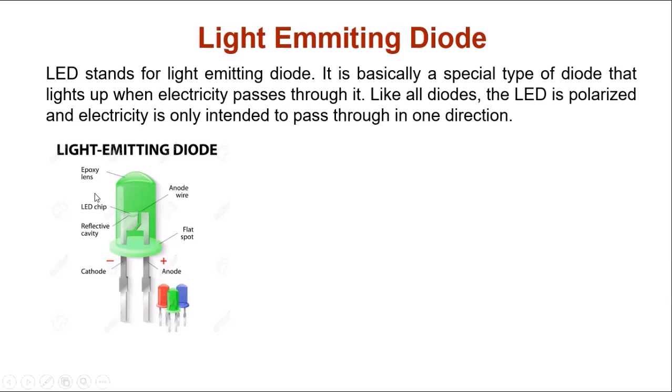Okay, so the outer coating is to protect the inside circuit and to give you the light like a bulb. We have coated that with transparent plastic so that we can secure the circuit from external humidity, moisture and other things.